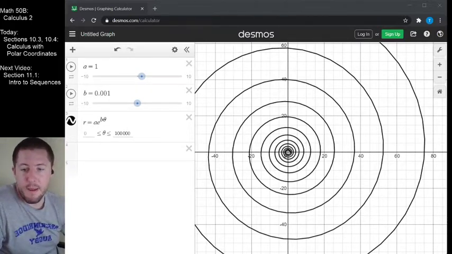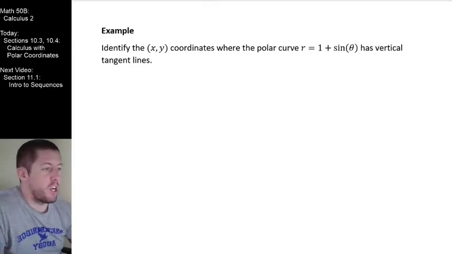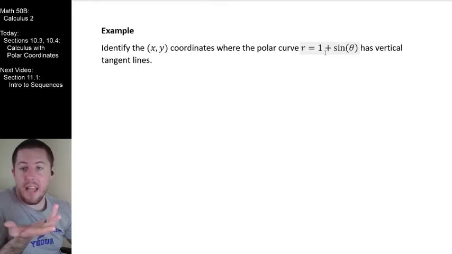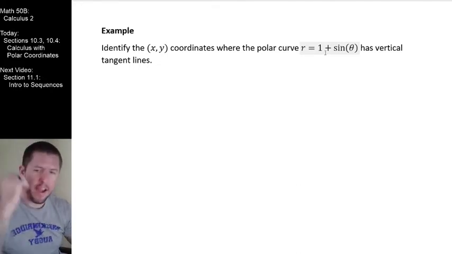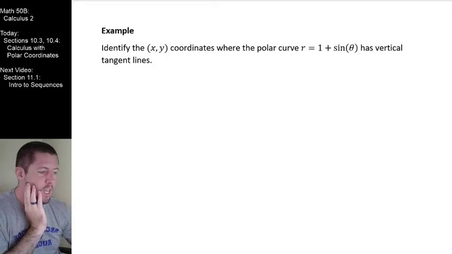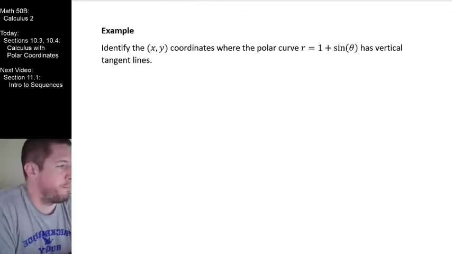So one of the things that I might be interested in asking is, given this curve, r equals 1 plus sine theta, where does it have vertical tangent lines? Where are the vertical tangent lines, and how might we go about finding those? Well, what would you say the slope of the curve is if the tangent line is vertical? This is one of those things where I want to say a technically bad math statement.